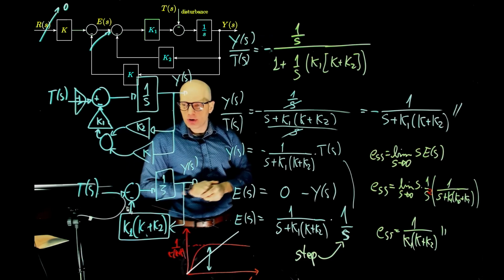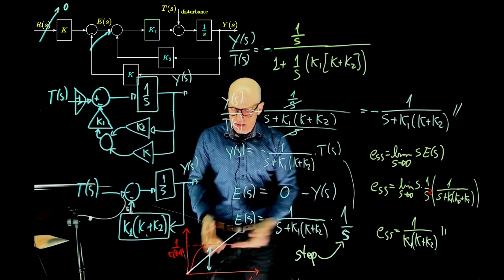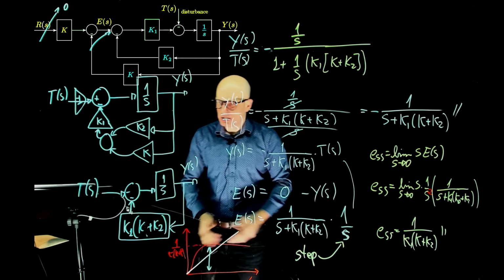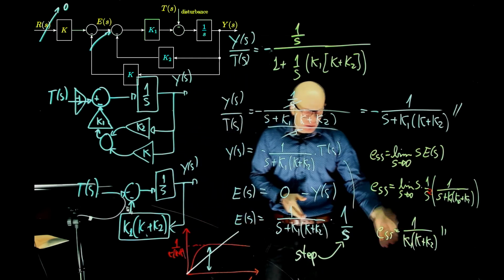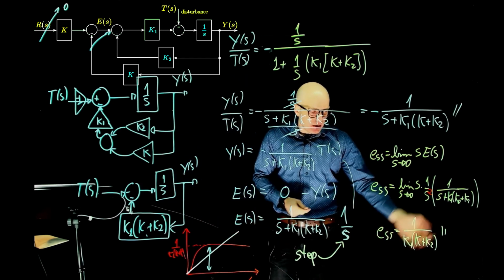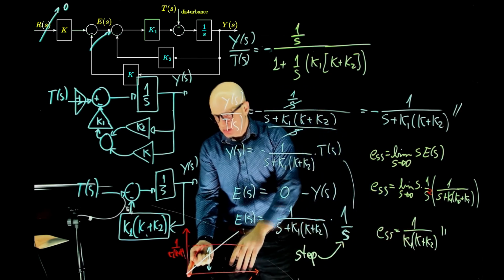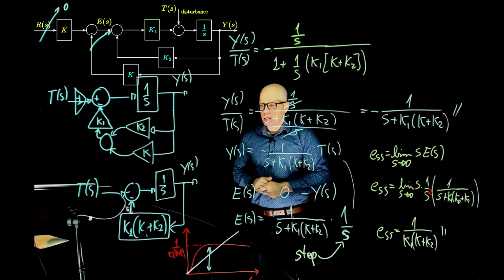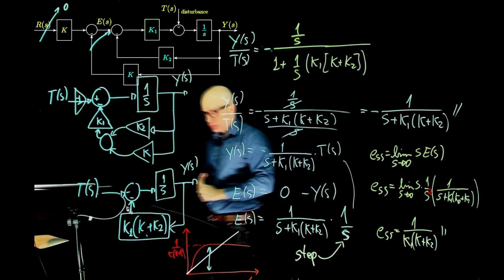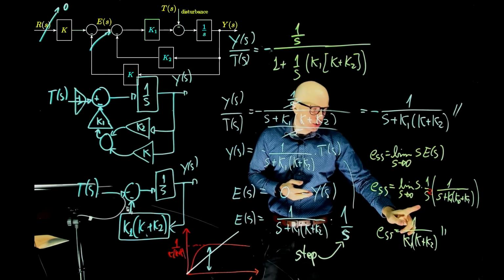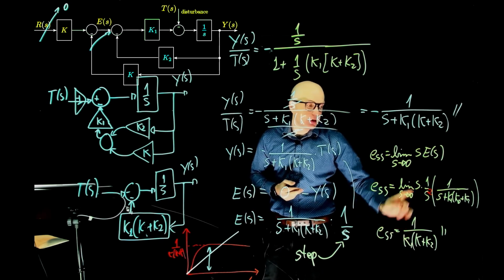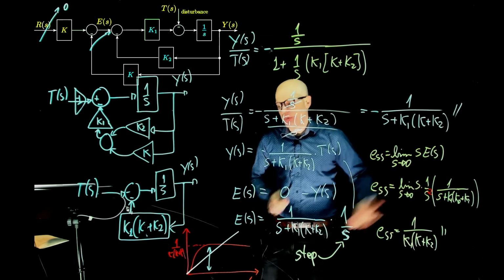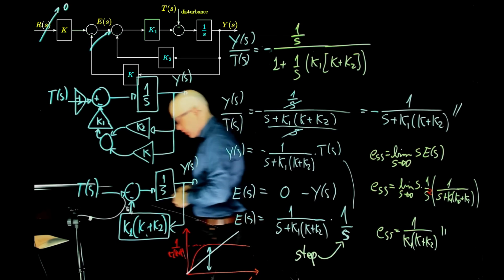Therefore, this doesn't actually reach steady state, and the output keeps increasing, and therefore the error tends to infinity. But if we did only a step, we have a finite value. If you have a ramp, then it goes to infinity.